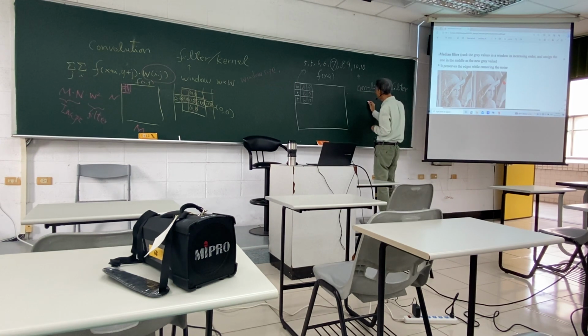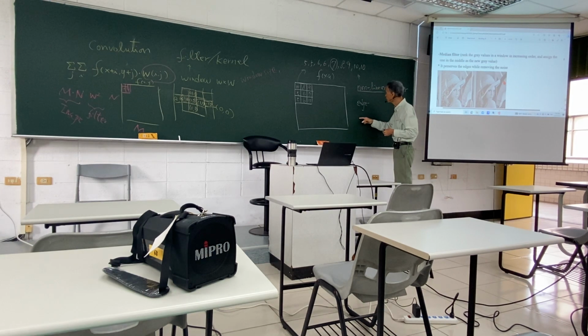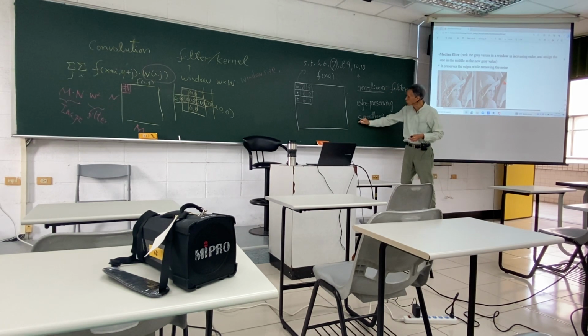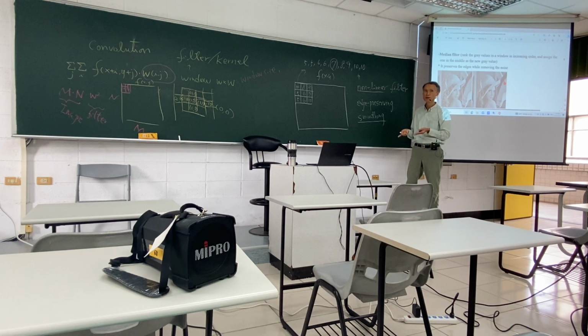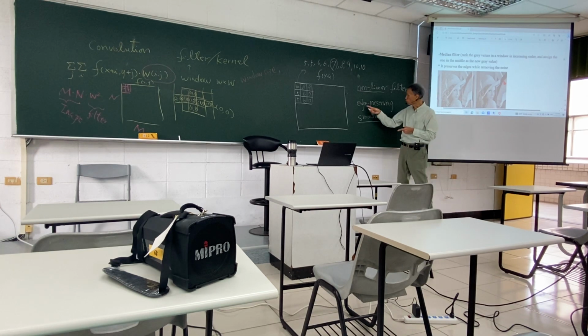So here's another terminology called edge-preserving smoothing, which means you can do image smoothing, but at the same time, you will preserve the original edges. We smooth the noise, but we do nothing to the edges.